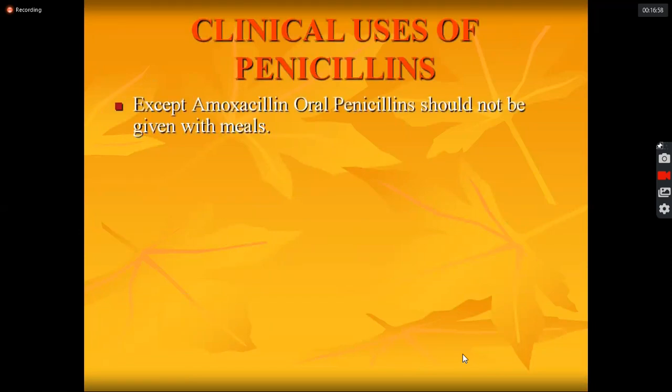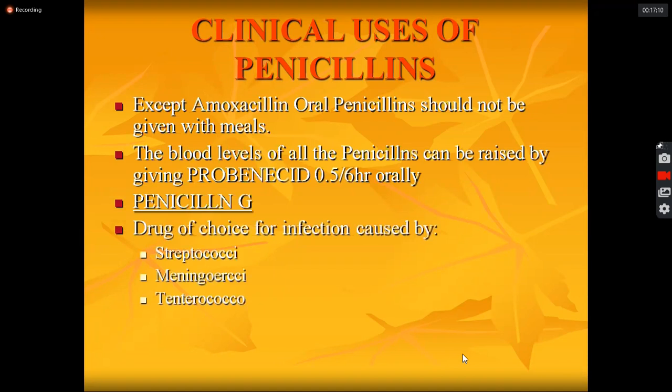Now, for the penicillins, a pharmacokinetic characteristic is the following.